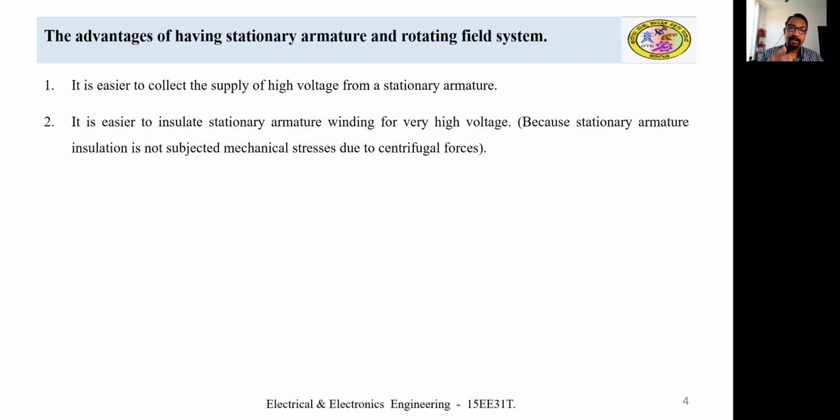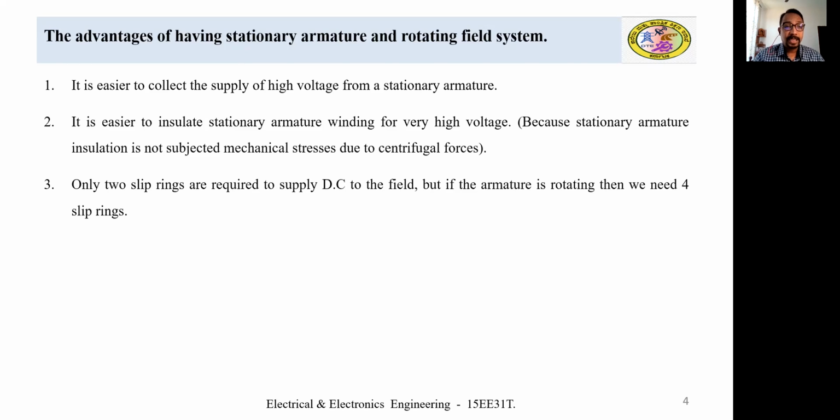Then it is very difficult to insulate such a high voltage winding, because when the armature is rotating, there exist not only electrical stresses, but also high mechanical stresses. If the armature is stationary, such mechanical stresses will not be there. Hence, it is very easy to insulate very high voltage windings in the case of a stationary armature.